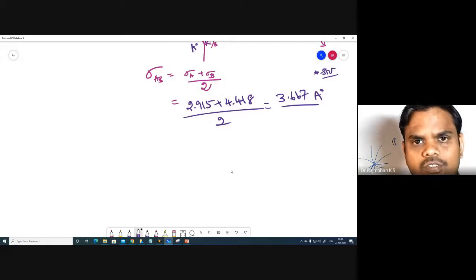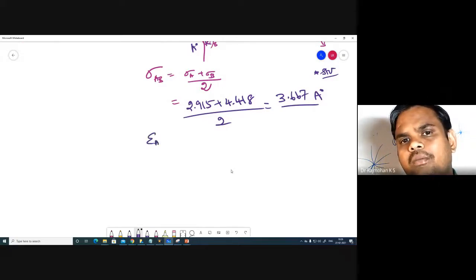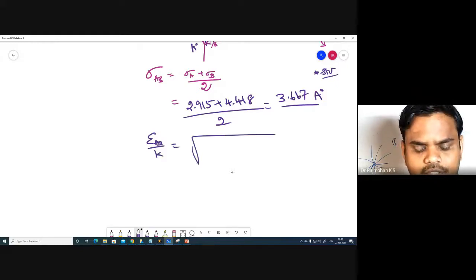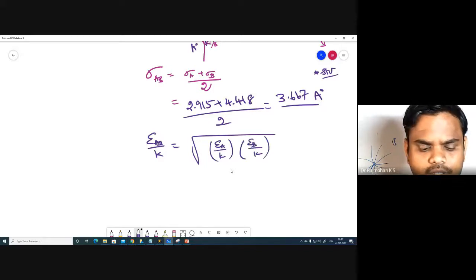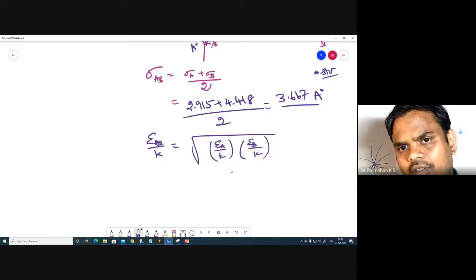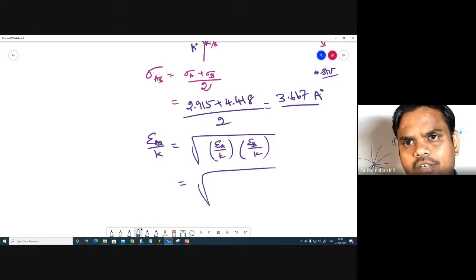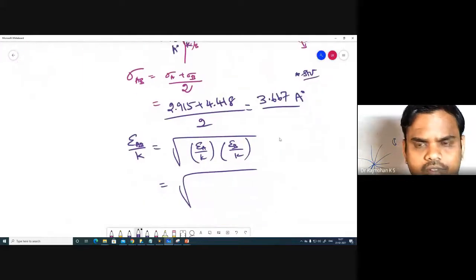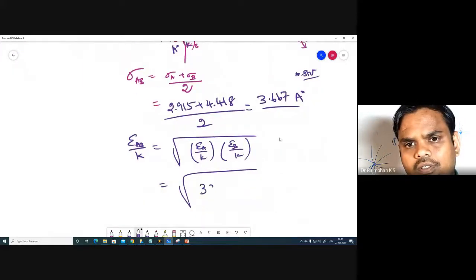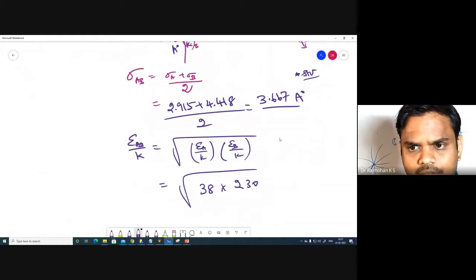And we have epsilon AB. What is the formula for epsilon AB by k? This is a geometric mean, right? So it is the square root of epsilon A by k into epsilon B by k. We have both values taken from the table, 38 and 230. So what is the value?